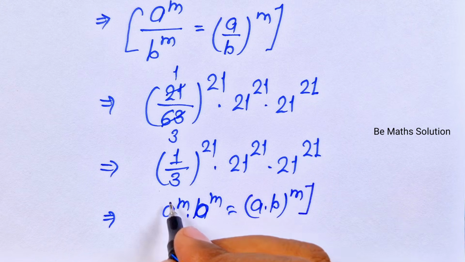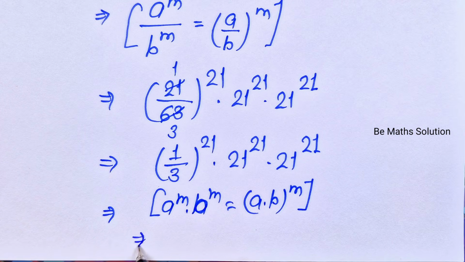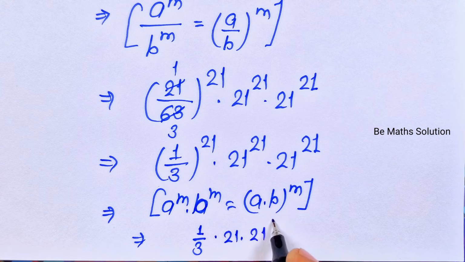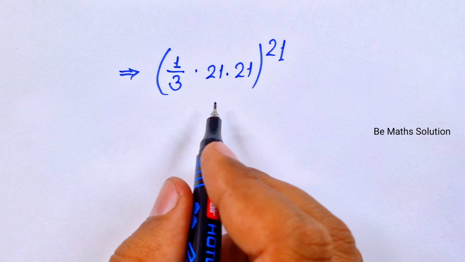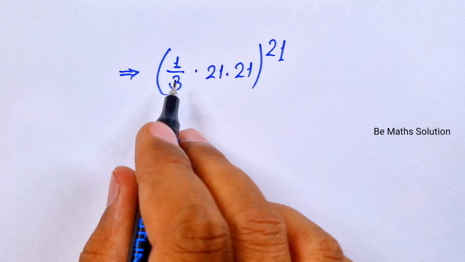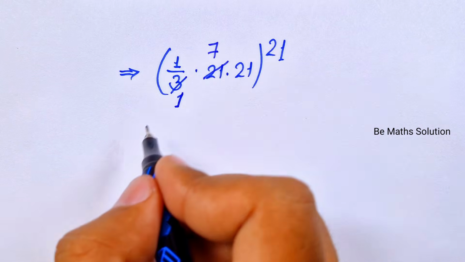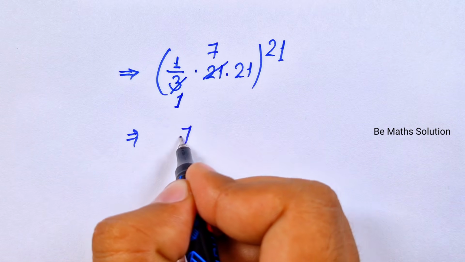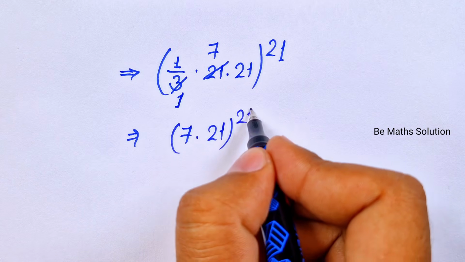So we will apply this form here, so it will be equal to 1 over 3 into 21 into 21 whole power 21. Now to simplify this, 3 and 21 reduce, so it will be equal to 1 into 7, it is 7, into 21 whole power 21.